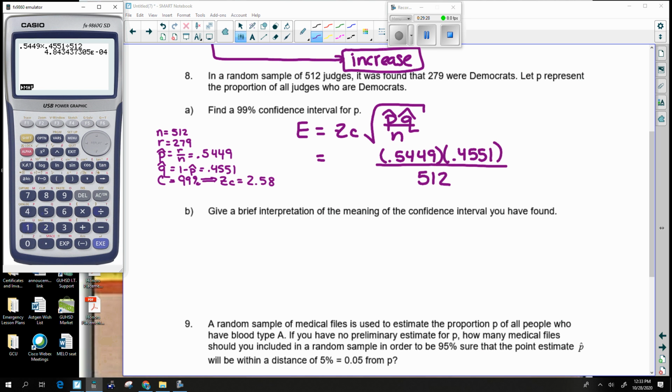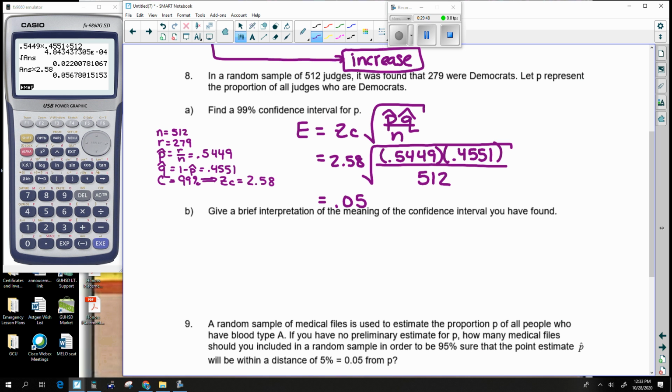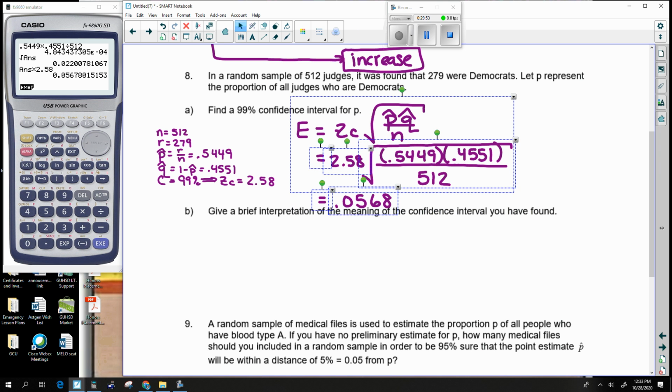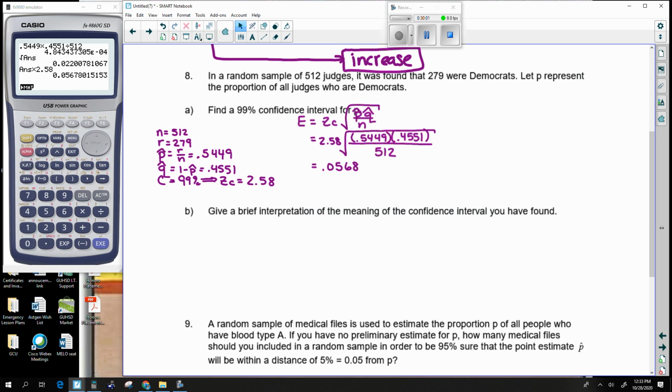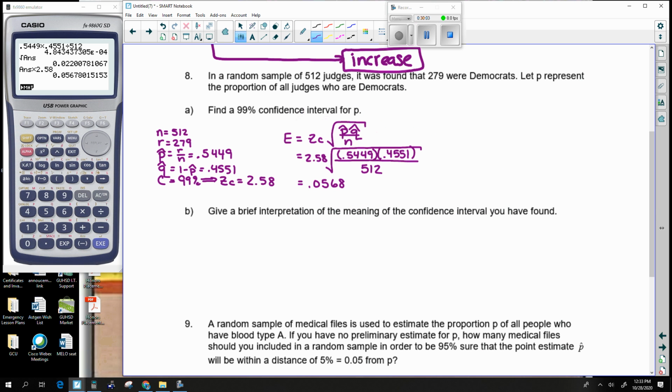Again, really small number. Okay, with that number, I square root that number. And then I multiply by 2.58 in this particular case. That's the margin of error.